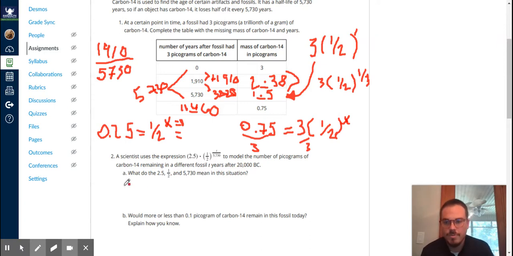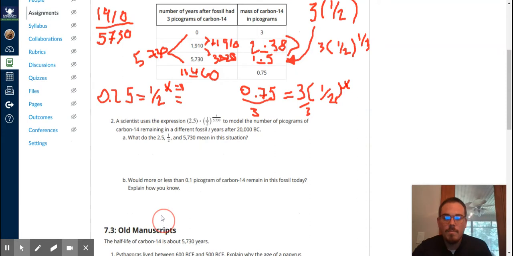The 2.5 here is the initial value, the mass of the carbon-14 in picograms beginning at 20,000 BC. The 1/2 is the half-life, or the factor we multiply by, and 5,730 is how long that half-life takes to take place.